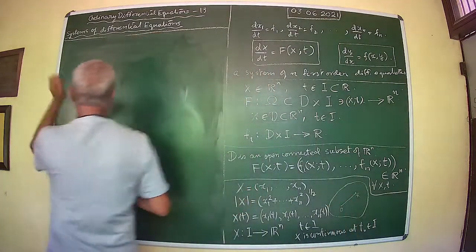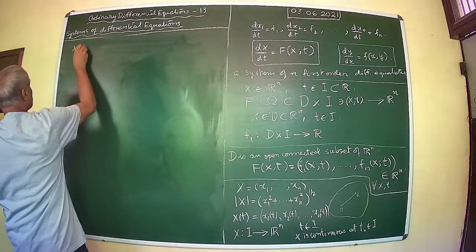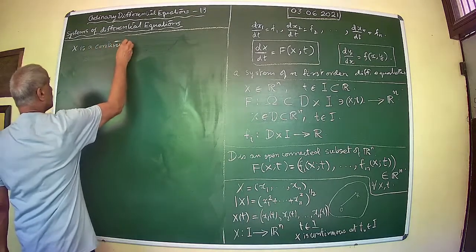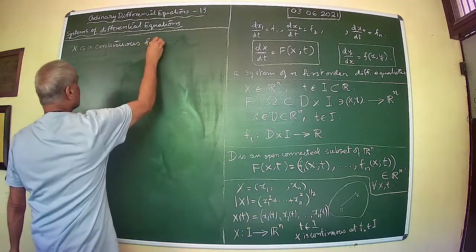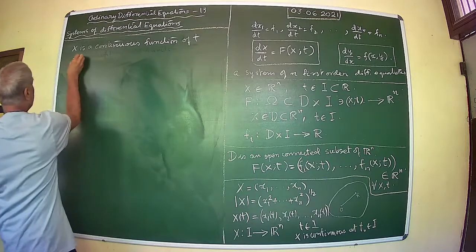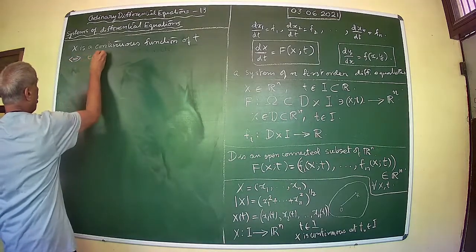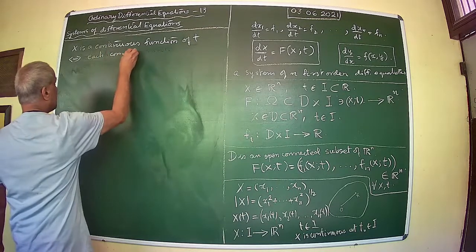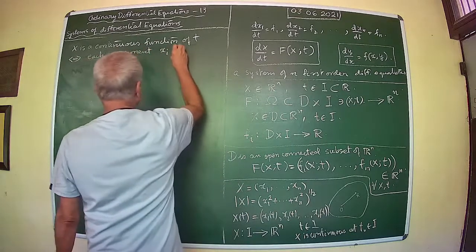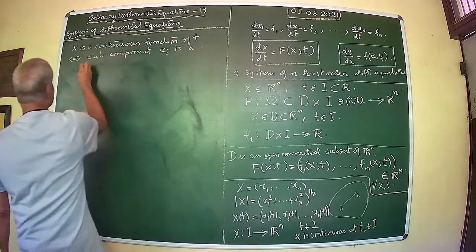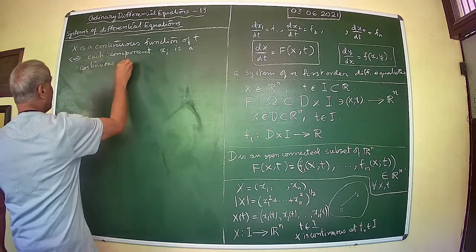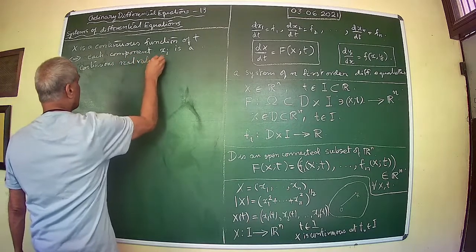We say that x is continuous if and only if each component xi is a continuous real valued function of t.